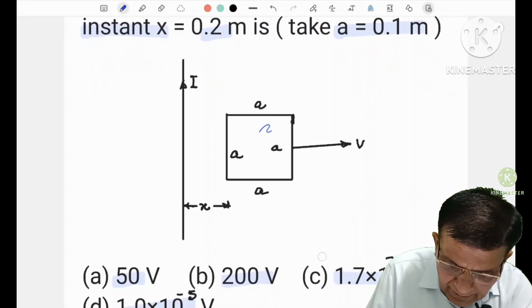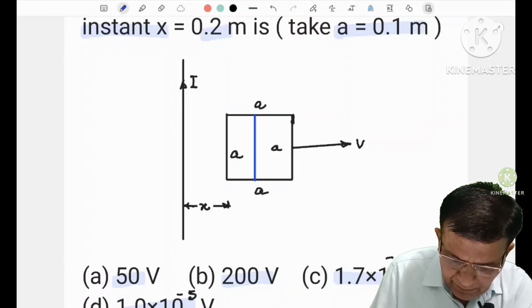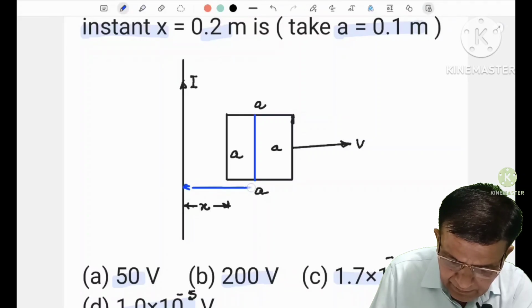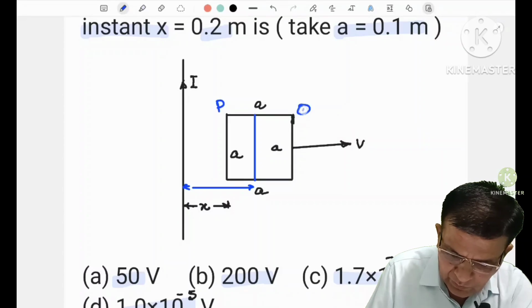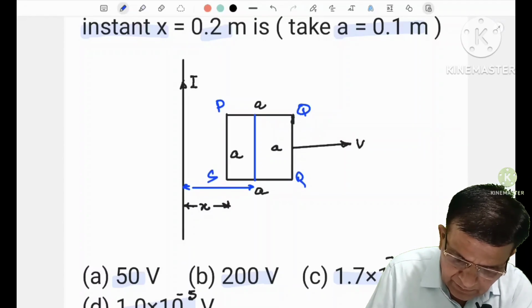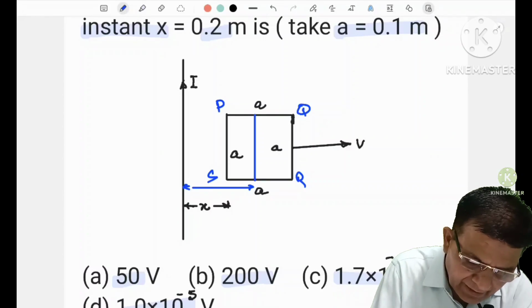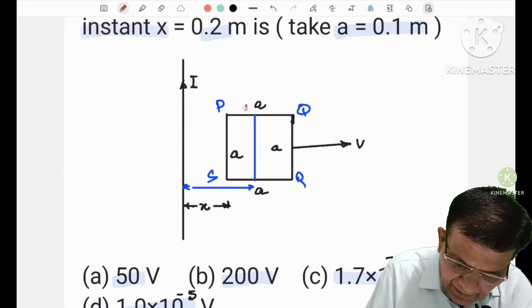Suppose a section at r distance from the wire. If the wire loop is PQRS and we take a section TU.